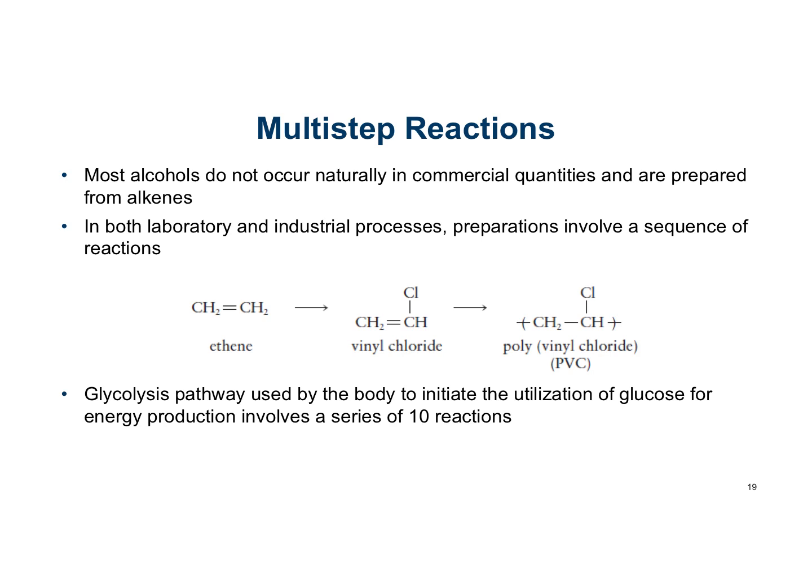Most alcohols don't occur naturally in commercial quantities, so we synthesize these from alkenes through multi-step reactions. It's very common in both the laboratory and industrial setting for preparations to involve a sequence like you see here. This is what we mean by a multi-step reaction, where, for example, we start with commercial ethene, then we make vinyl chloride, and then we use the vinyl chloride in a polymerization reaction to form polyvinyl chloride here.